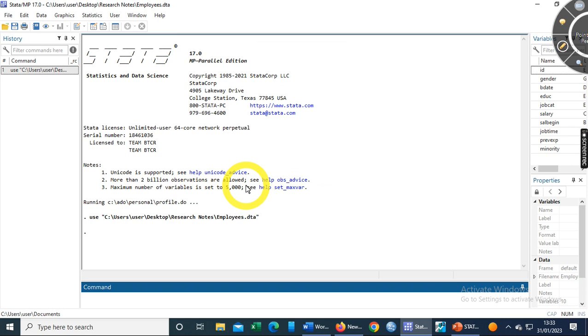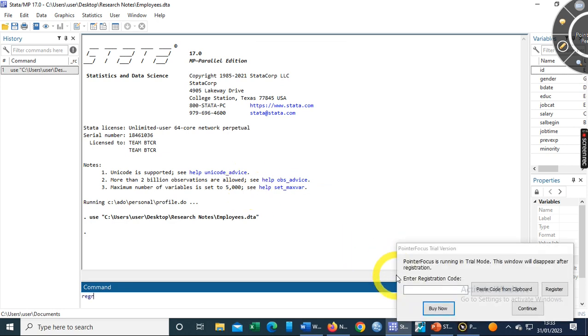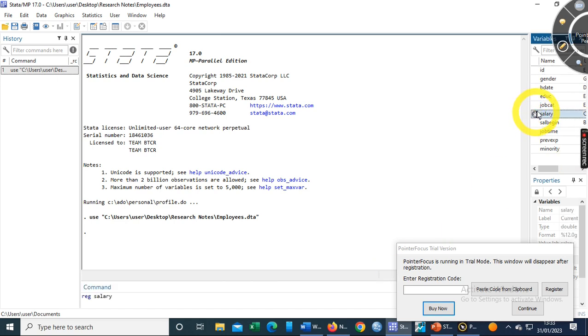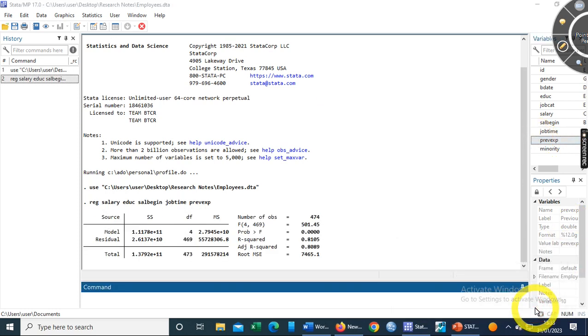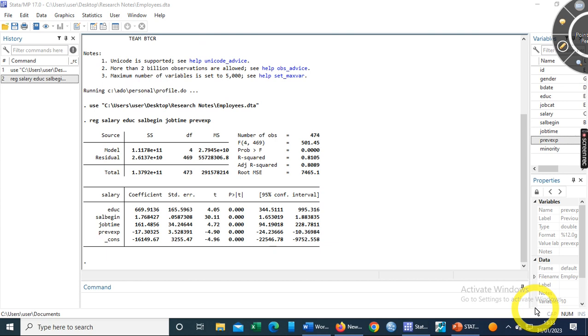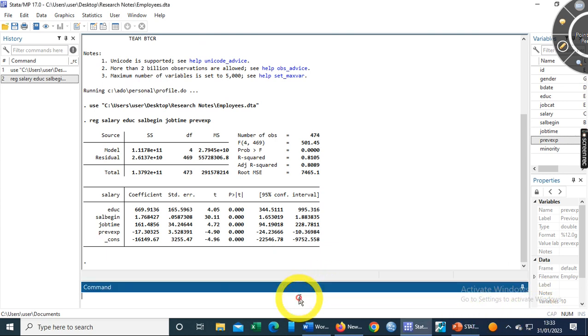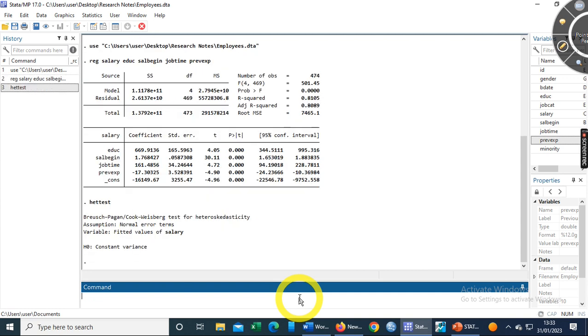For example, let me regress current salary on education, beginning salary, job time, and previous experience, and let me conduct the heteroscedasticity test.